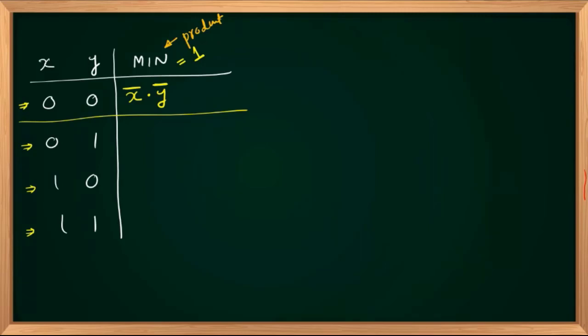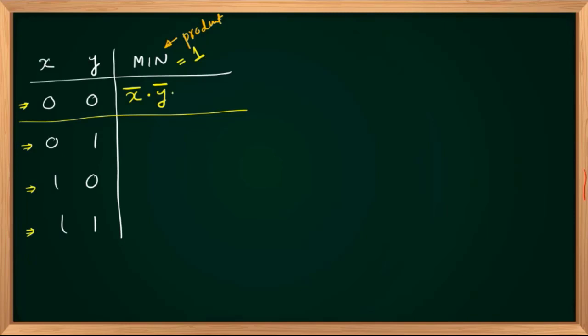Correct? If x equal to y equal to zeros, the expression x bar dot y bar will be equal to 1. X is 0, x bar will be 1, y equal to 0, y bar will be 1. 1 dot 1, we know that it will be equal to 1. Right? Correct. So that is a first min term.